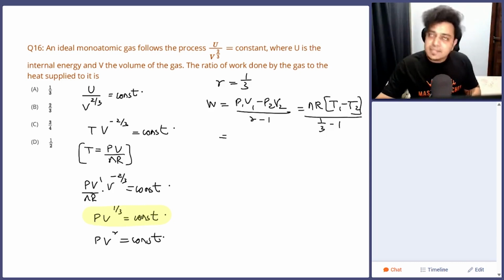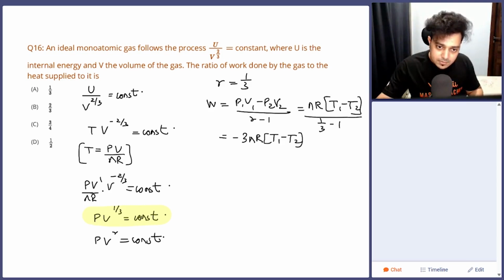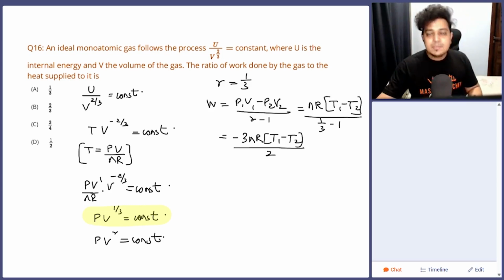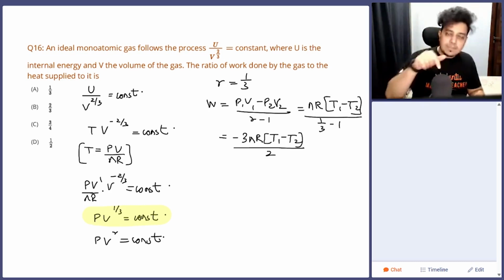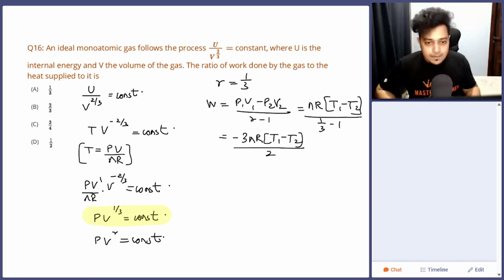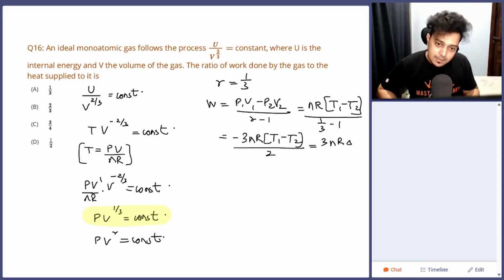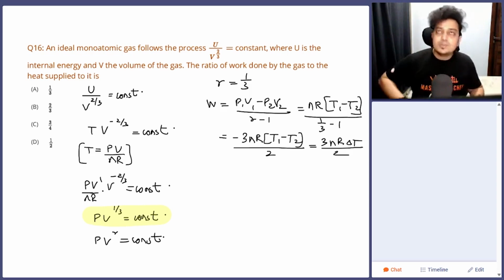So 1 by 3 minus 1 will be minus 2 by 3, so it will be minus 3 by 2. If I take that minus inside, that will become T2 minus T1. So we have 3 nR delta T upon 2, where T2 minus T1 is the change in temperature.